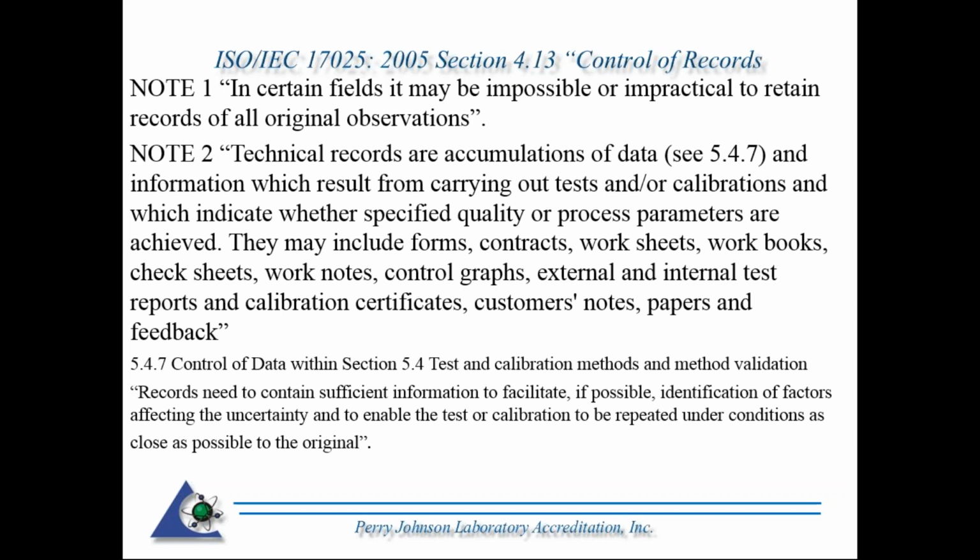So any of these things that were collected during the realm of performing a test or calibration would need to be maintained, and if need be, could be revisited, and the parameters, the standards, the individual, perhaps even the environmental conditions that were associated with the testing calibrations were captured.